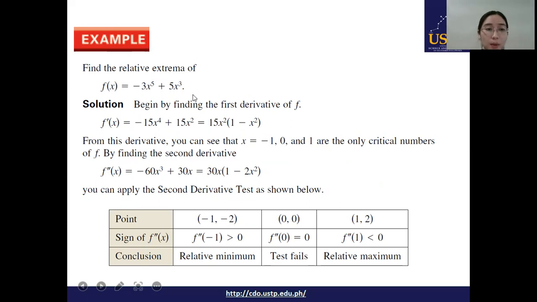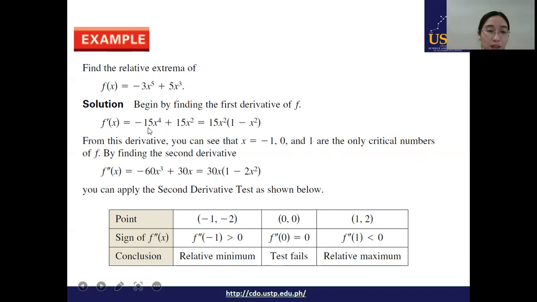Let's find the extrema of f of x equal to -3x to the 5th power plus 5x cubed. We start by finding the first derivative. We rewrite the original equation, then perform the first derivative. So -3 times 5 is 15, x to the power of 5 minus 1, which is 4, plus 5 times 3, which is 15, x to the power of 3 minus 1, which is 2.